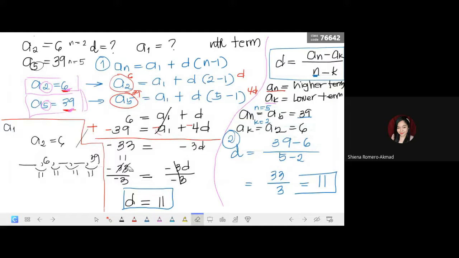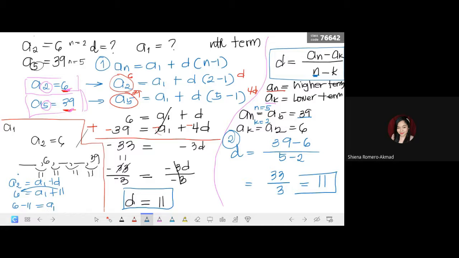A sub 2 is equal to A sub 1 plus D. So, ang A sub 2 natin is 6 equals A sub 1 plus 11.